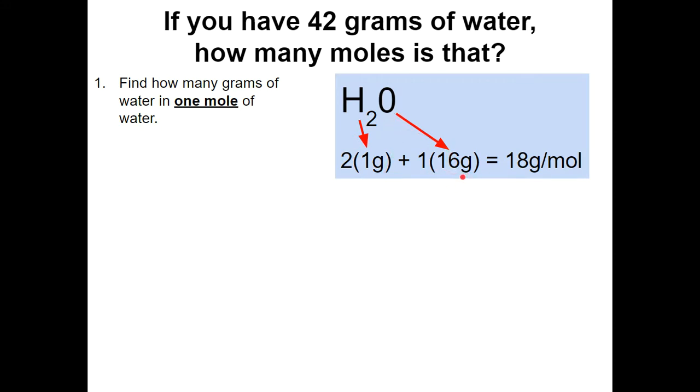That's its atomic mass, and there's one atom of that in your water. So that's going to be 2 times 1 plus 1 times 16 is 18. And that's going to be 18 grams per mole of water. Okay? So there's your molar mass for water, 18, about.